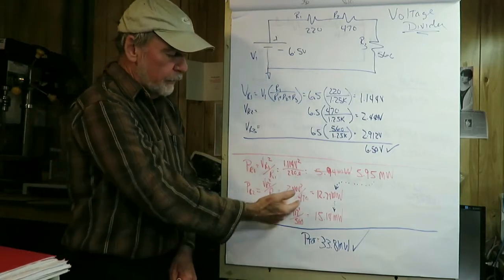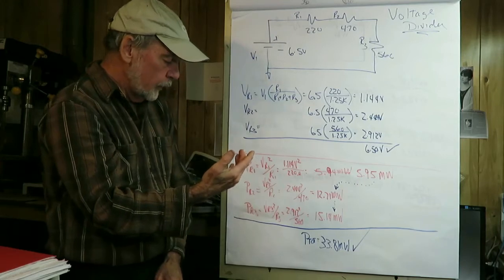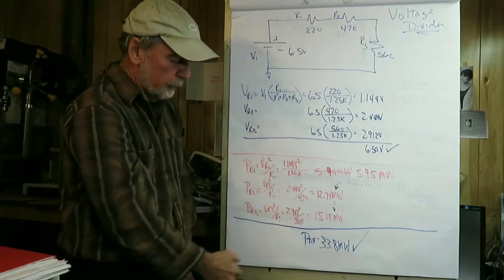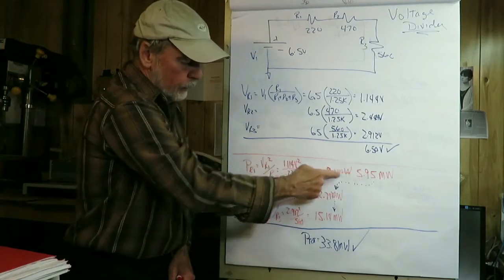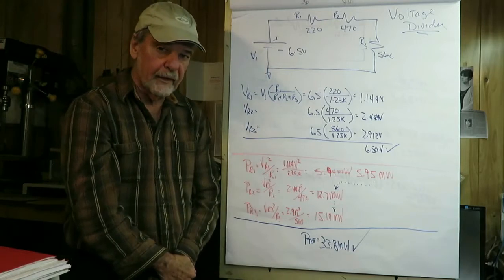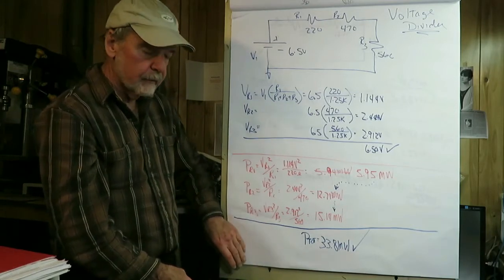Same is true for PR2. Got the same thing before when we multiplied the I squared R, and with PR3 got the same power there. And if we add these up, that would be my dotted blue line. It comes out to be 33.8 milliwatts total power dissipation, exactly what we would expect.